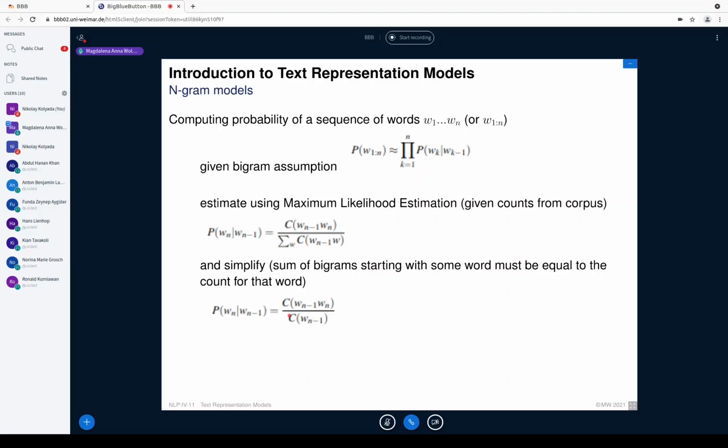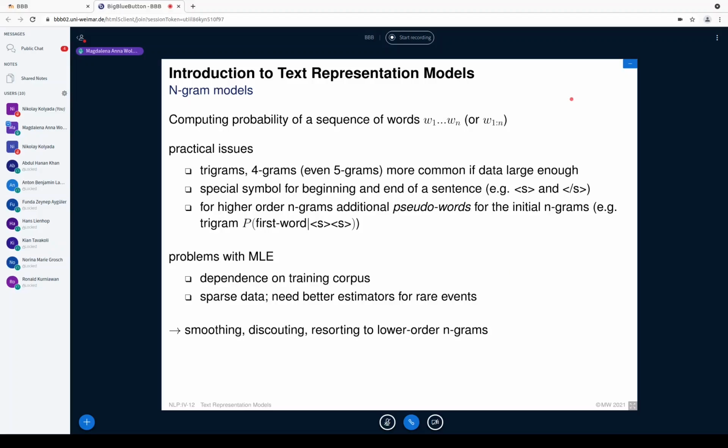So the count of bigrams, you can think about it yourself. The sum of bigrams starting with some word must be equal to the count of that word. So if you think about it, this sum here can simply be simplified to this count. So this will be our new estimate for a bigram model. Like I said, it suffers from the same problem. But nevertheless, we'll get to the estimates in a moment.